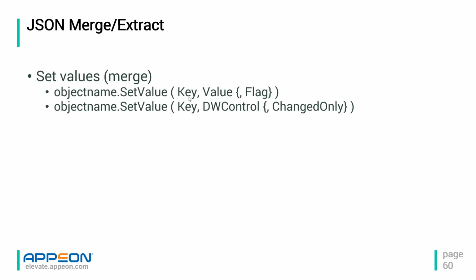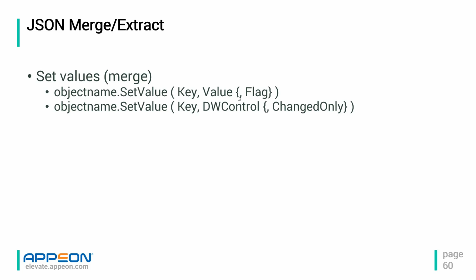So one key might be departments, another key might be employees. It's just something that when the client gets it, it knows to use that key to parse the data back out. And then the next thing is going to be a value. So this would be the actual raw JSON that we're going to want to include in this data set.